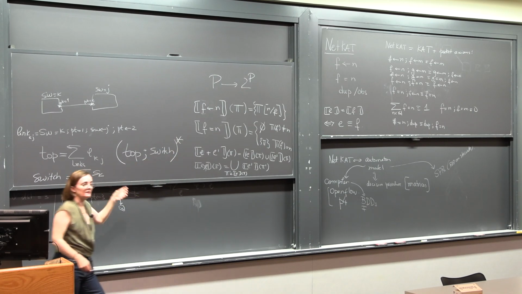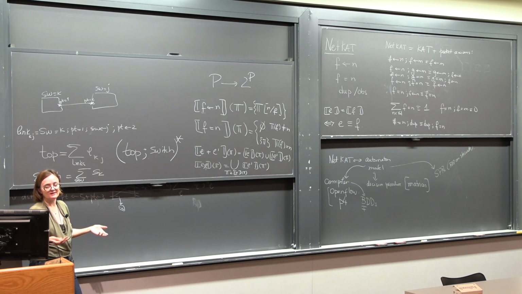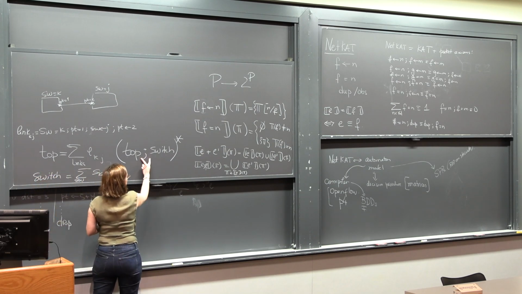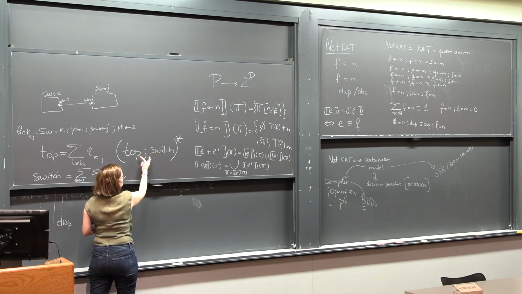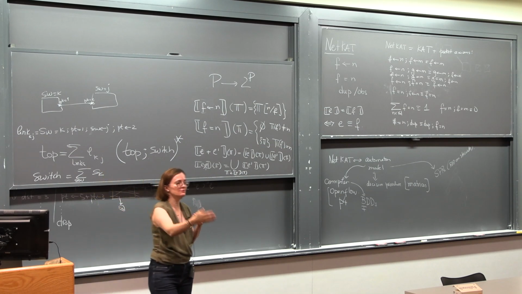And now I can just put a star around this. If I put a star around this, I now have the multi-step behavior of my network. And which sequence I do, topology and switch, doesn't matter. It's just a matter of what you do first.